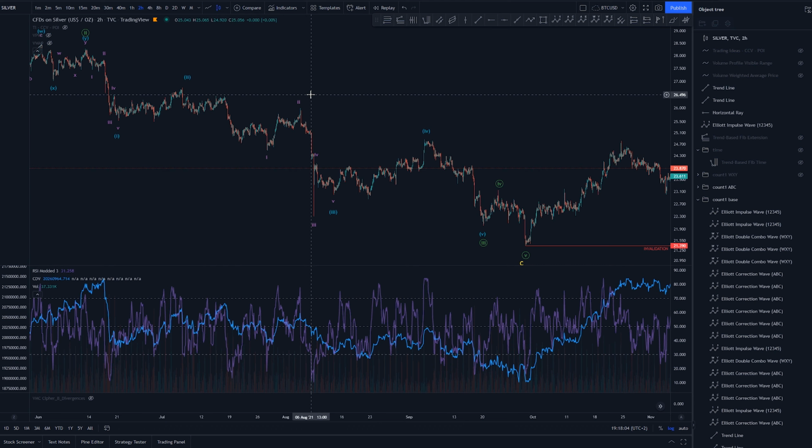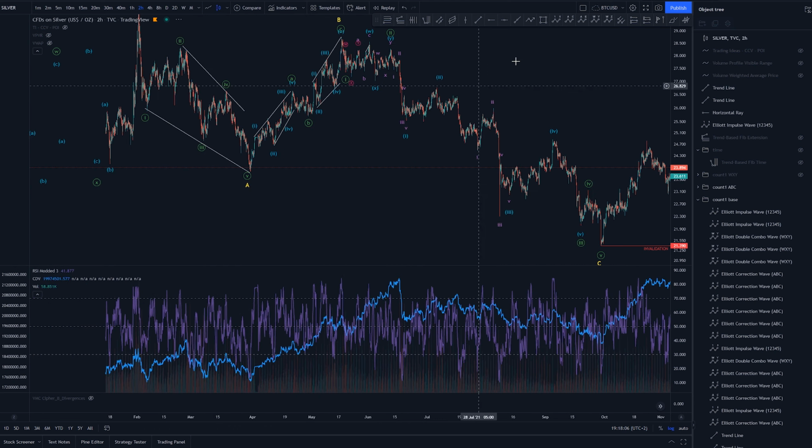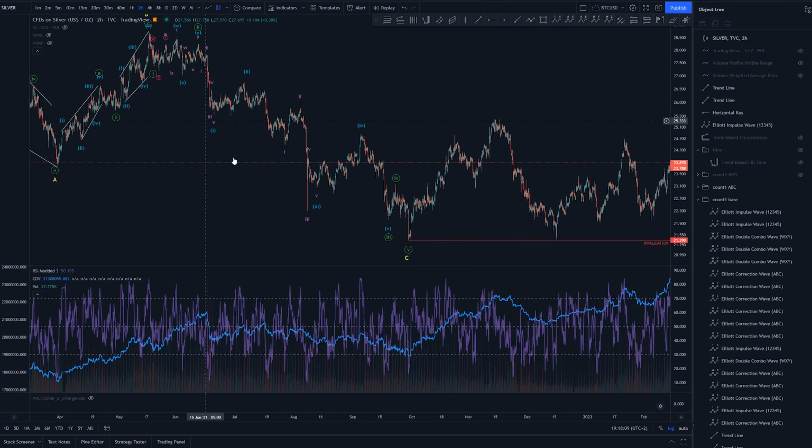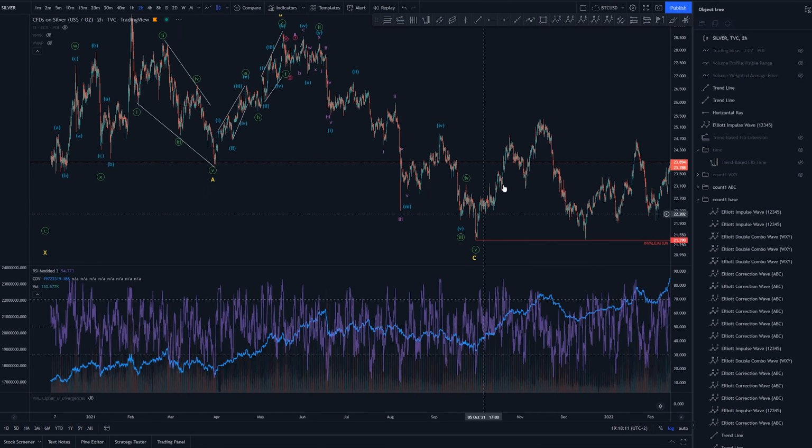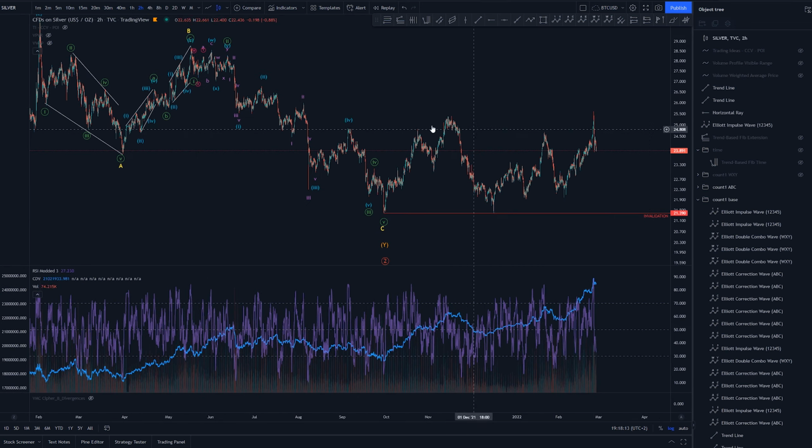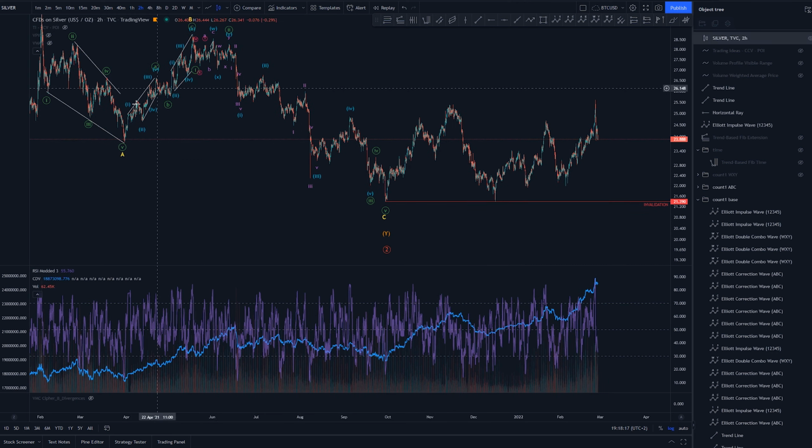So yeah, this is definitely an issue area, but I think this is legal, although it's not, or it's valid, but it's not pretty at all.